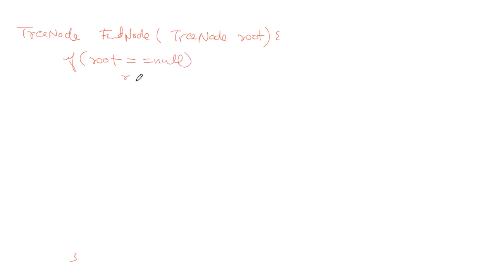Okay. So let me say its return type should be tree node here. Find the node, and tree node root. Okay. We need to find the termination condition. If root equal to null, return null.